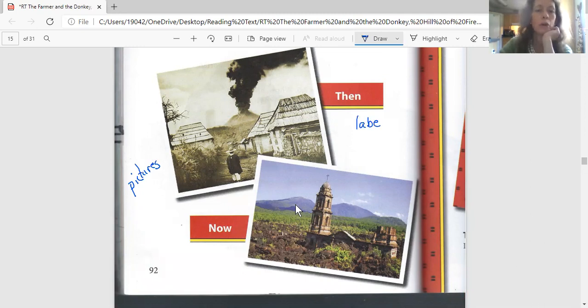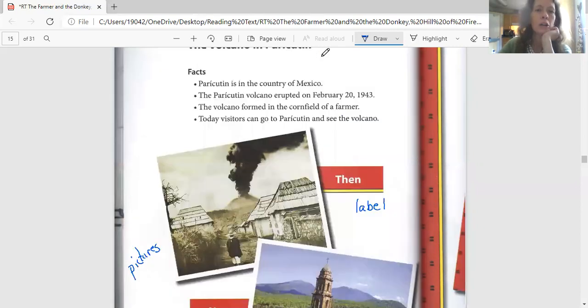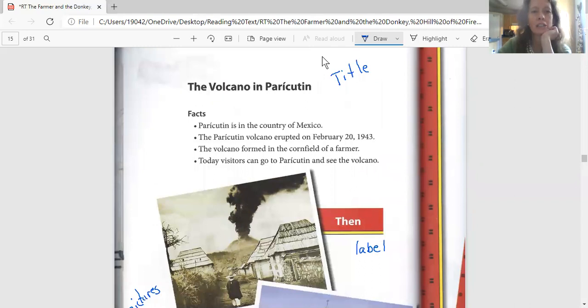These tell us what the picture is called. And then we have some facts up here. These are facts about Paricutin, and they've written them. These are called bullets. Yeah, I know, right? Bullets. Hunter and Austin, I saw your little ears perk up there.